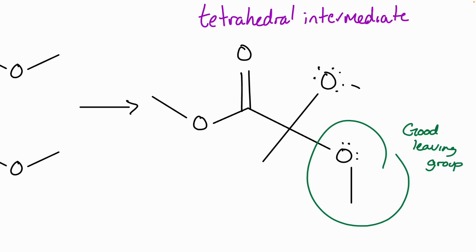It's actually not a great leaving group, but it turns out it's good enough. So everybody take a second. Considering that that's a good leaving group, draw me the product that you would expect from these Claisen condensation reactions.